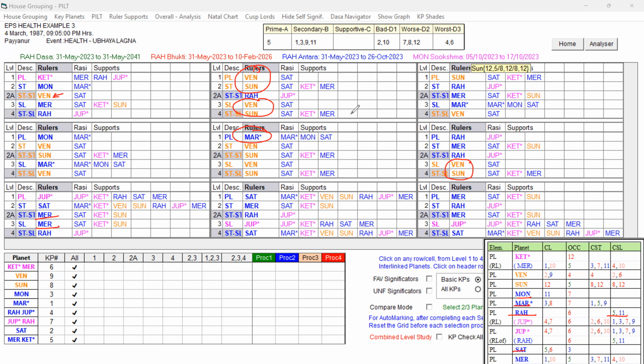Which antra will support for the recovery? Now this Bhukti should support for the problem and recovery. During that Bhukti, when it is indicating both problem and recovery, during Venus Bhukti, in the unfavorable antra, that problem will start.